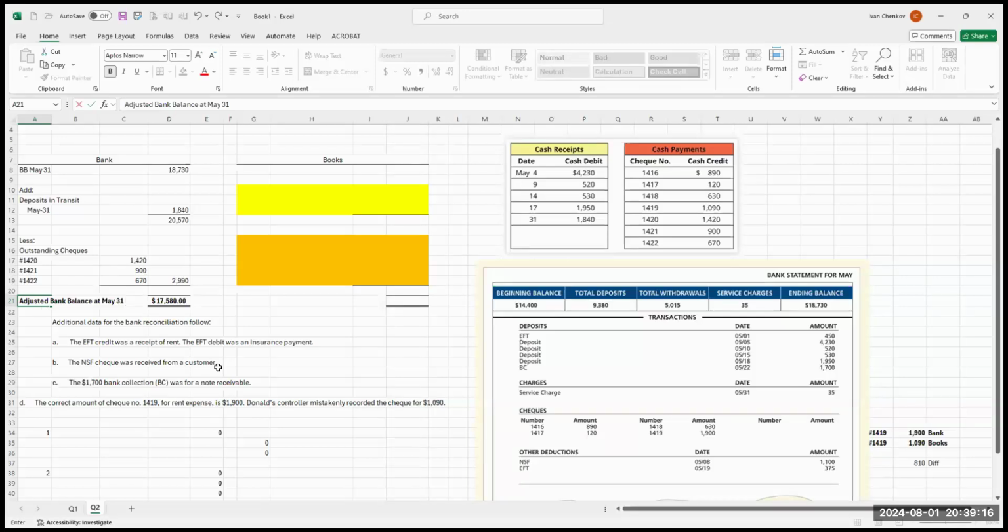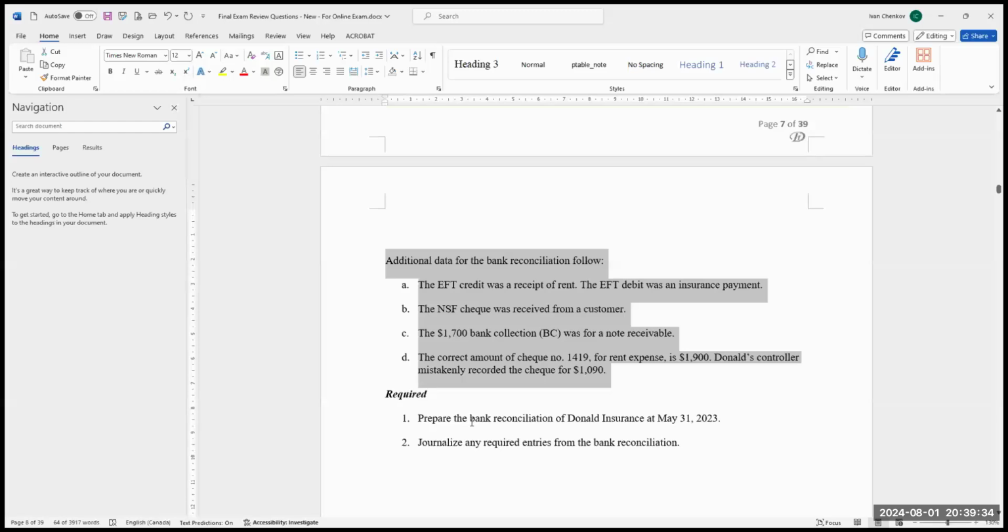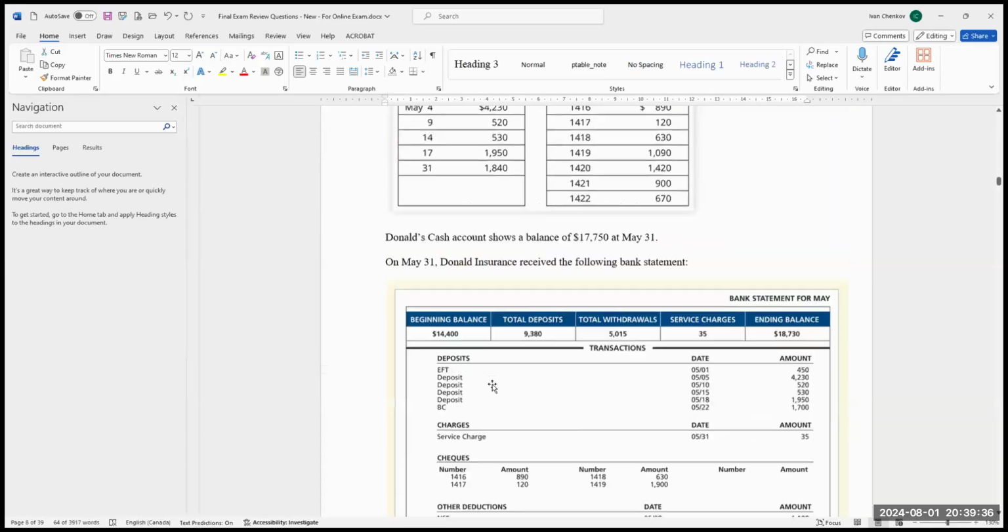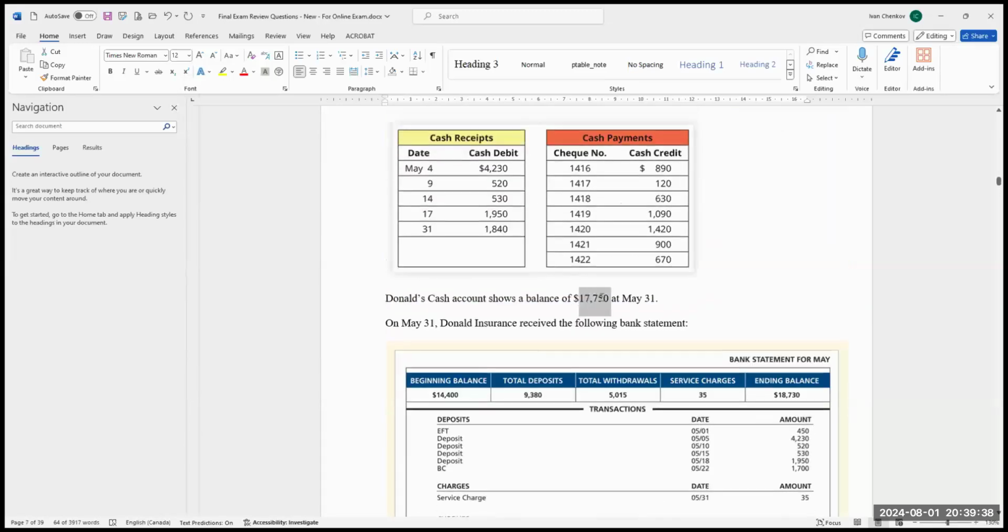Now we have to do the same thing with our books. Again, for the books, we're going to start with the beginning balance, which is the ending balance of May 31st. And that balance we can find in our question. Once I move to the question, we see that the amount of 17,750 is our account balance at May 31st.